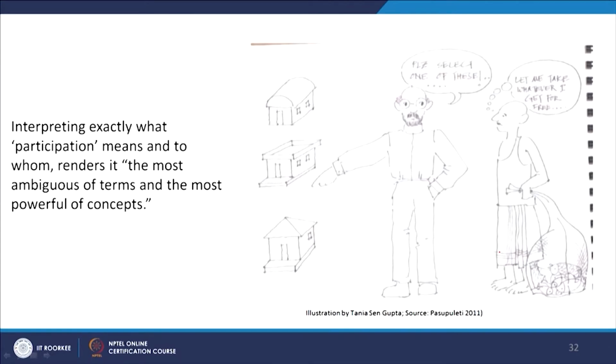The dynamics of the situation, the situational aspect, changes from time to time. When you talk about participation, one has to interpret exactly what participation means and to whom it applies. It is among the most ambiguous terms, yet the most powerful of concepts. So we need to be clear on that participation aspect.